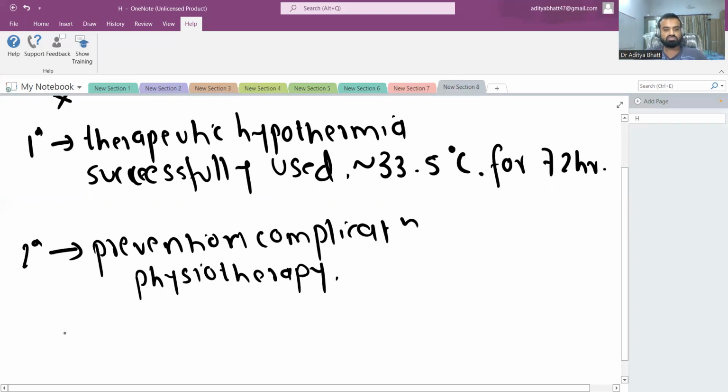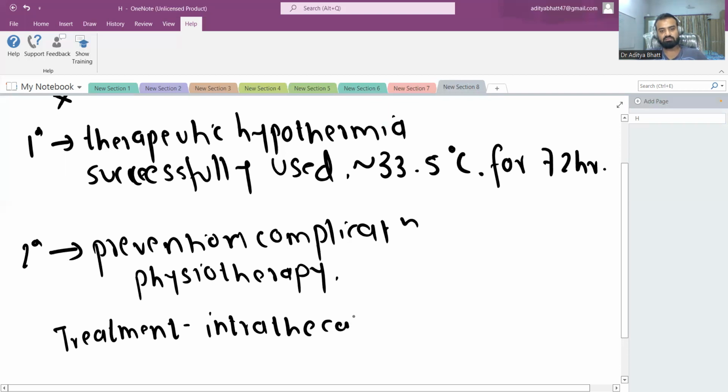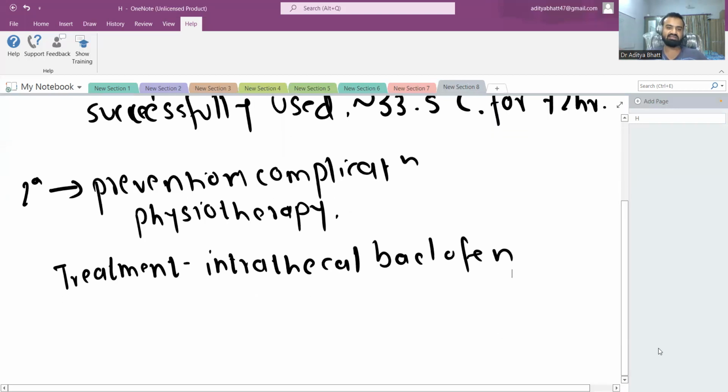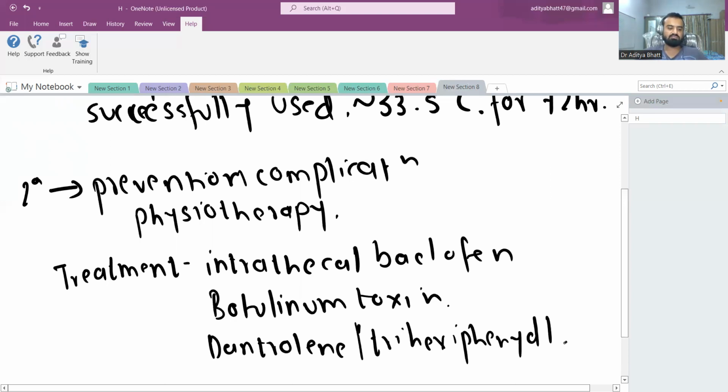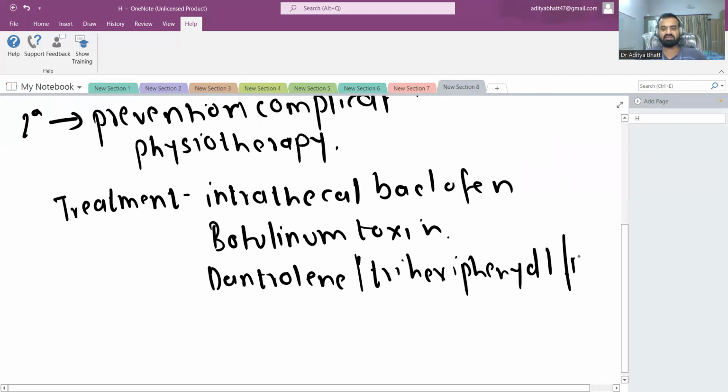Again, you can use other treatments to prevent complications. You can give intrathecal baclofen, which decreases the spasticity, and it bypasses the blood-brain barrier when you give it inside. You can give botulinum toxin, which again decreases spasticity. You can give dantrolene, trihexyphenidyl, and benzodiazepines.